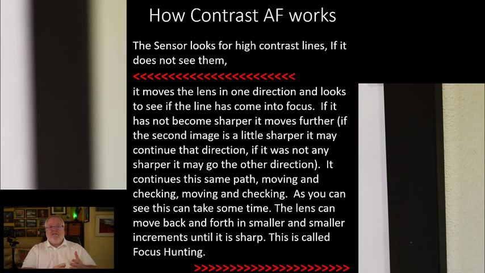If it's not, it moves maybe the other way. If it's closer than it was, it will probably continue to move the same way. That's the way it works: it moves a little bit, checks it, then moves again, checks again, moves again, checks again. As you see, this can take some time. The lens moves back and forth in smaller increments, but this is what we call hunting.